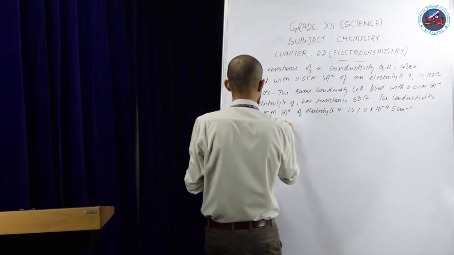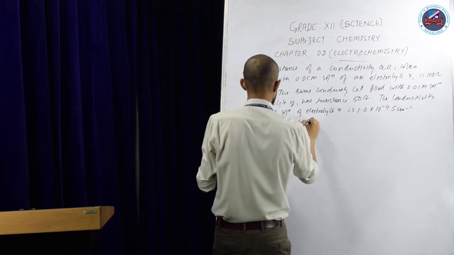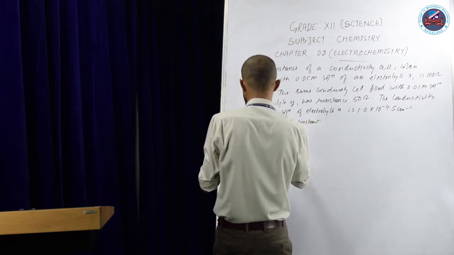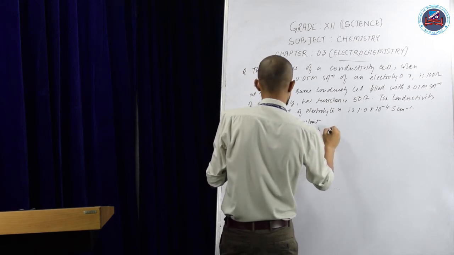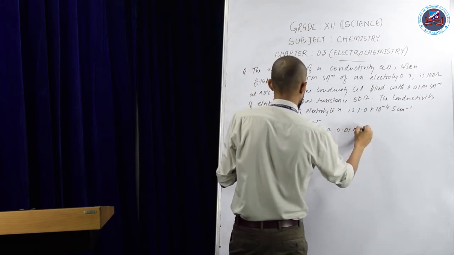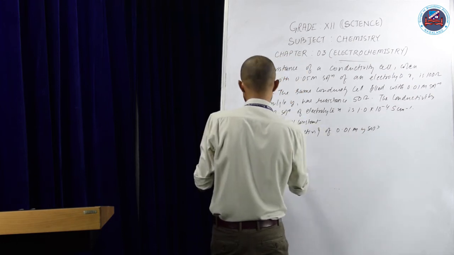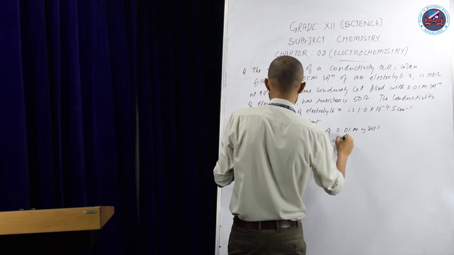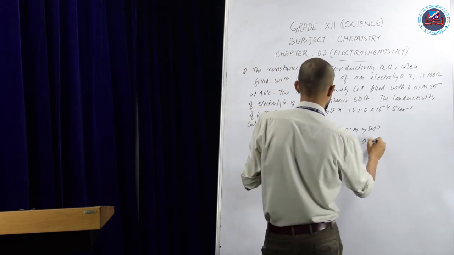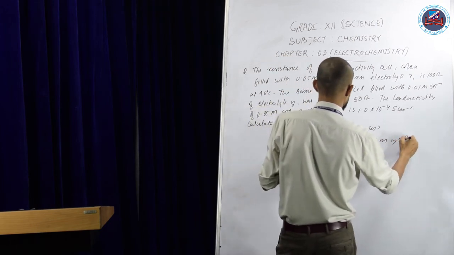Calculate A, cell constant, B, conductivity of 0.01 molar Y solution, and C, molar conductivity of 0.01 molar Y solution.